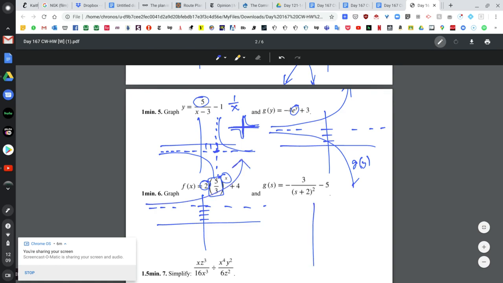The last graph, don't get alarmed by the letter being s, it's just like x. Now the parent function, in case you've forgotten, is like 1 over x squared. And the parent function looks like this. Okay, it's like a volcano. So shifted 2 units to the left. It has a vertical asymptote and horizontal asymptote.